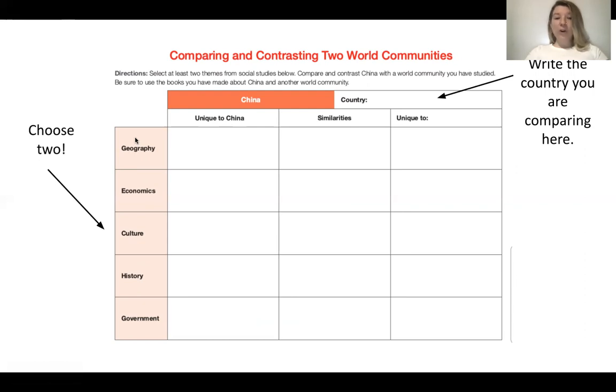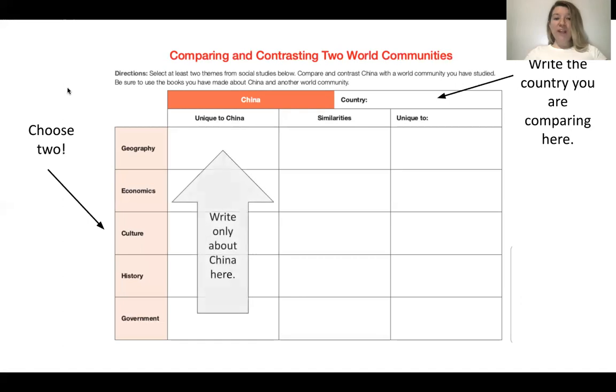Eventually, you're only going to be choosing one, but here is where you choose your top two themes, the two themes that you know the most about and are excited to write about. So you might choose geography and culture. Maybe you'll choose history and economics. It is up to you.